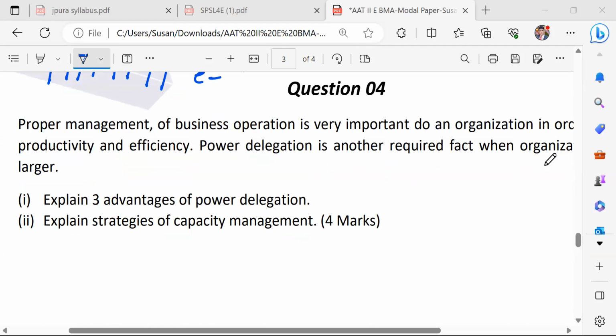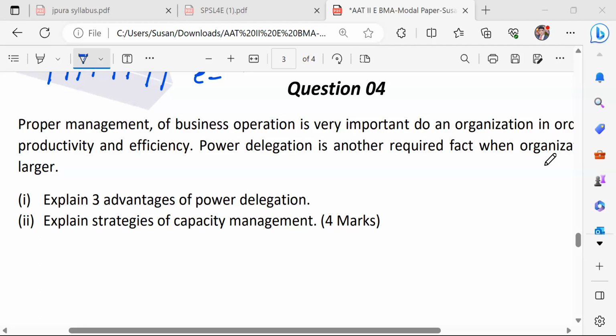Right? Explain the stages of capacity management. Capacity management is lesson 3. Lesson 3 is operation management. We are talking about capacity management under lesson 3, right?